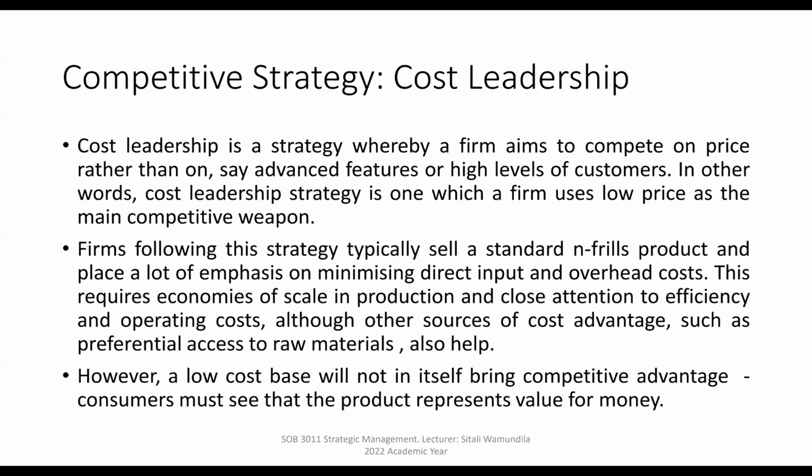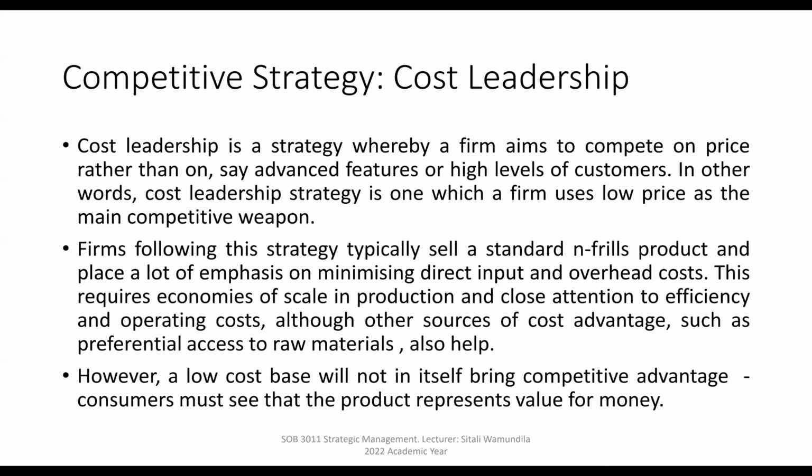You see, under competitive strategies, you find that most of the companies that follow this strategy typically sell a standard, no-frills product and place a lot of emphasis on minimizing direct input and overhead costs. So that's where the major emphasis is, on minimizing the costs, minimizing the overhead costs.